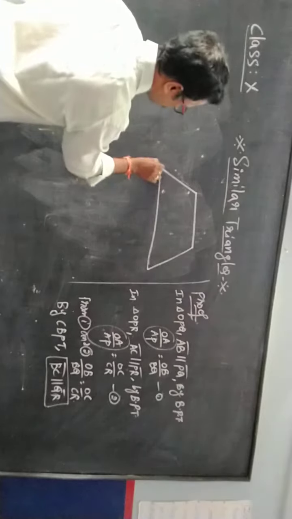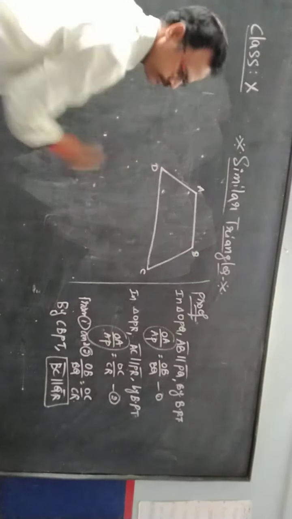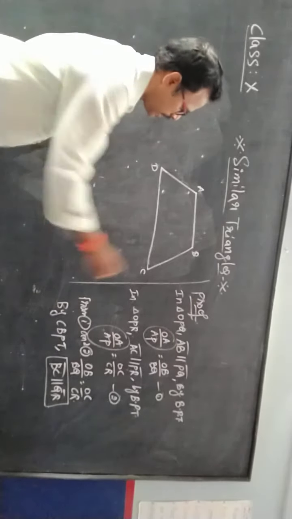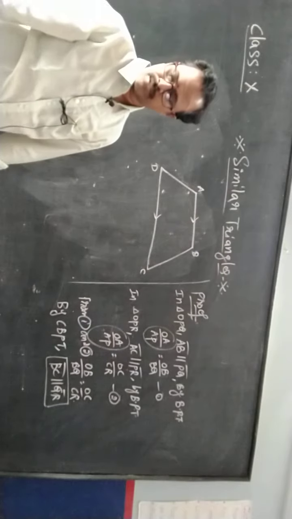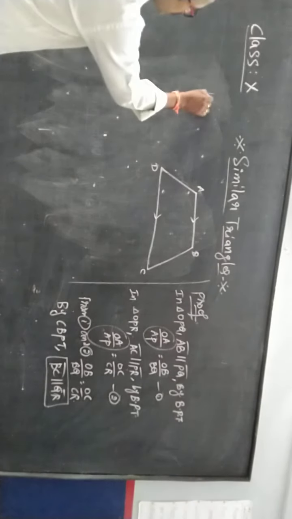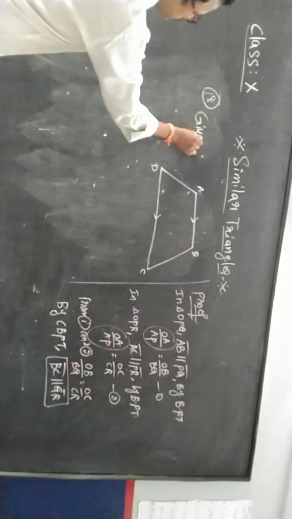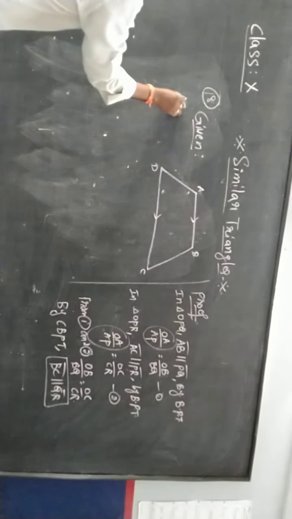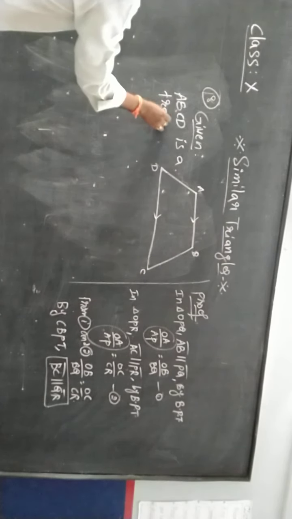Okay guys, this is your trapezium ABCD. You know clearly that AB will be parallel to DC in a trapezium, isn't it guys? Right, let us write here. This is our eighth question. Given, ABCD is a trapezium.